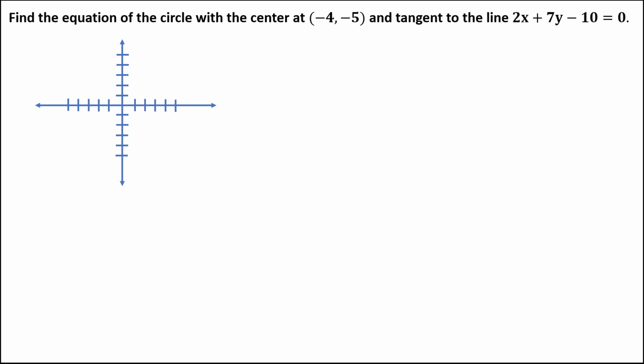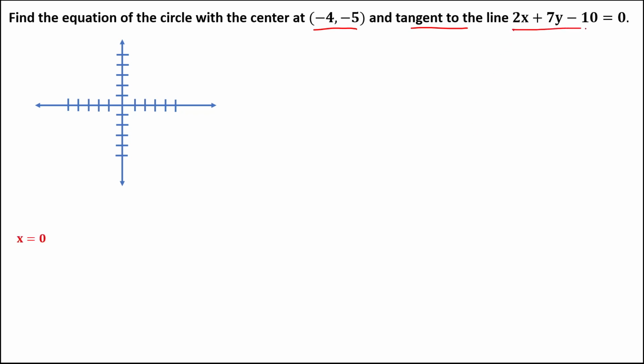So for the circle with center (-4, -5), and this tangent line 2x + 7y - 10, for this tangent line, we need to find first the x-intercept and the y-intercept. For the y-intercept, we let x equal 0.